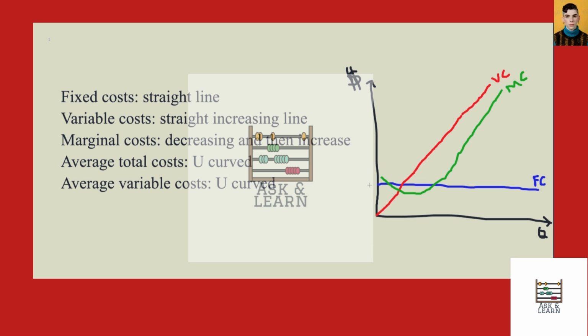Now, average costs. Average total cost is going to also be a U curve. And the way to remember this is that it's going to decrease. It's going to keep decreasing until it hits the marginal cost curve. After it hits the marginal cost curve, it's going to increase.